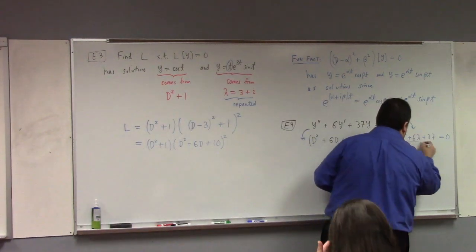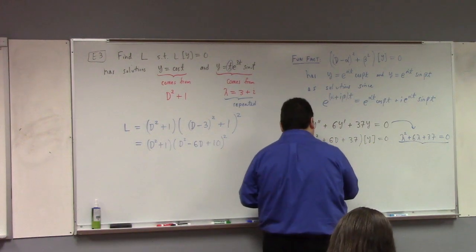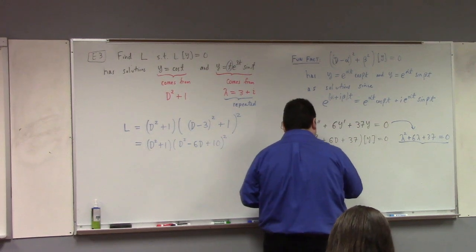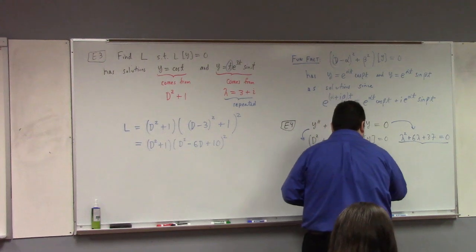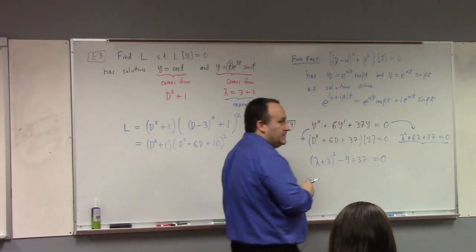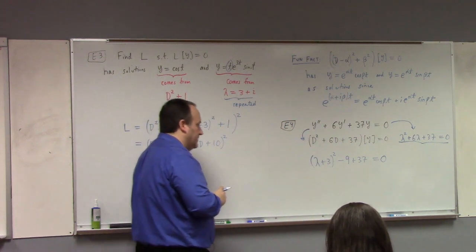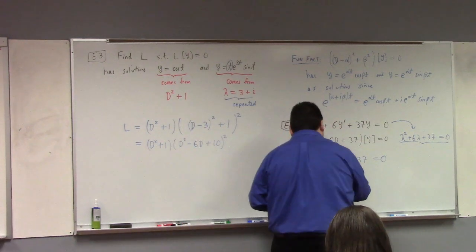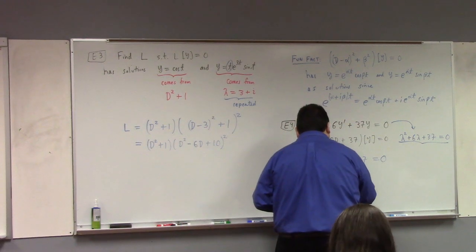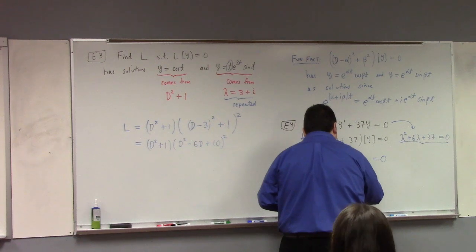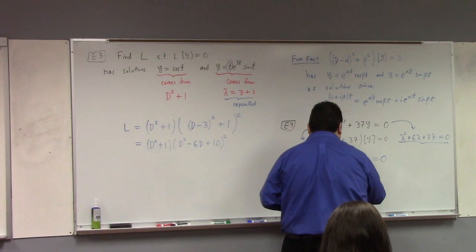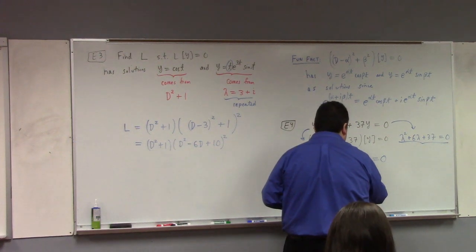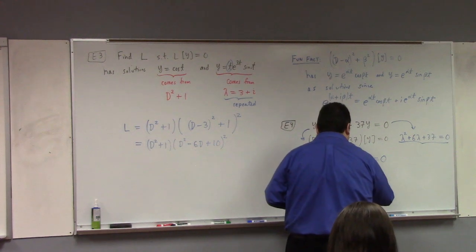So how should I solve that? I have (lambda plus 3) squared minus 9 plus 37 equals 0. What am I doing? I am completing the square. And so that gives me (lambda plus 3) squared plus 26, I think? 28? 28, yeah, 28 equals 0.